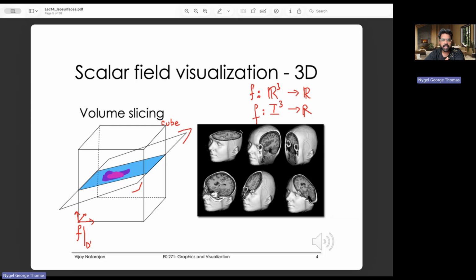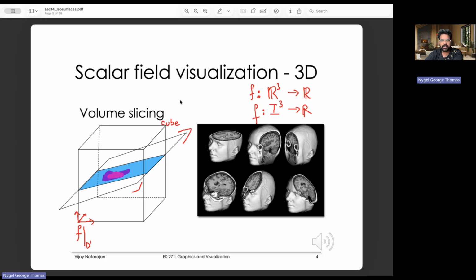So what we can do is use a volume slicing technique. In volume slicing, we restrict the domain of the function to a subdomain like D dash. If D dash is a 2D object, then we eventually have a 2D scalar field, and for a 2D scalar field, we know how to represent it.